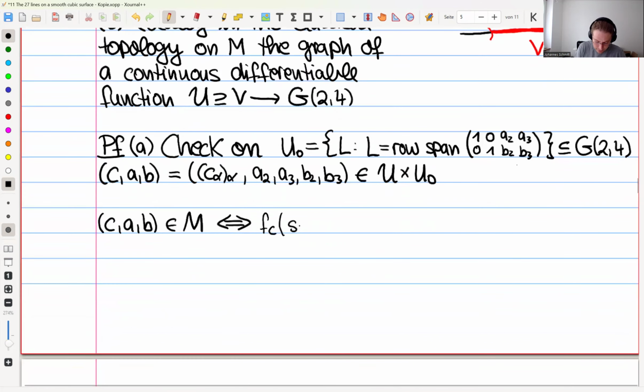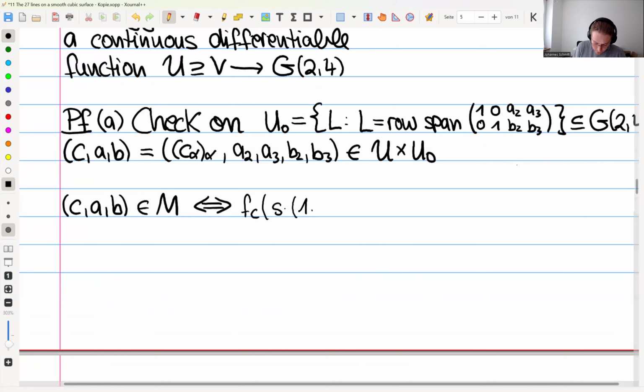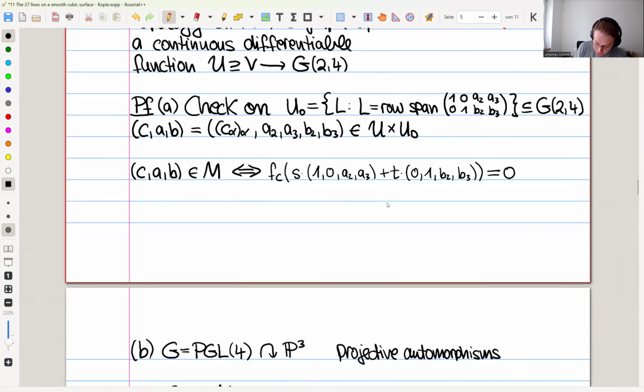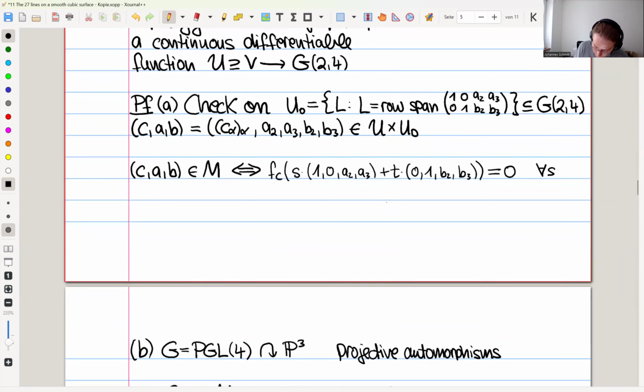So somehow just s times the vector (1, 0, a2, a3) plus t times the vector (0, 1, b2, b3). And so this should be 0 because all of these points should be contained in the surface X. And this should happen for all s and t. So this should be an equality, which is essentially an equality of polynomials in s and t.